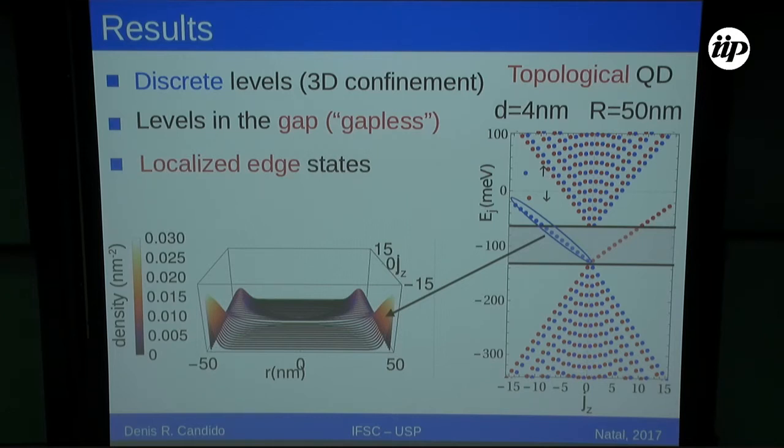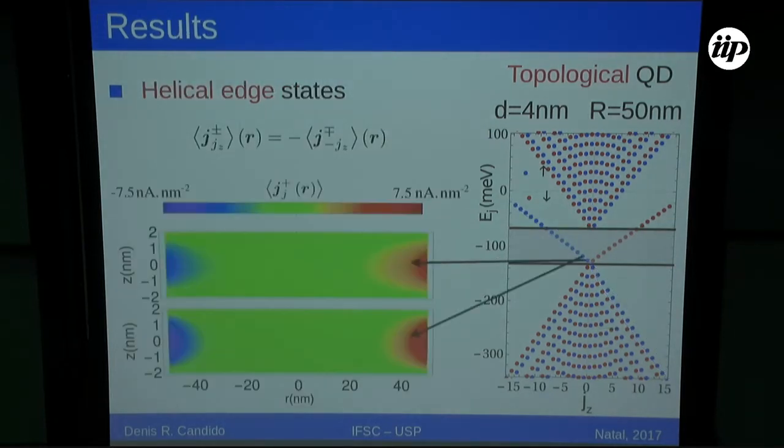There are many states, exactly, and here I'm just plotting the lowest two. This j is minus one half, and this one is minus three halves. As you can see, the current density increases as we increase the angular momentum.